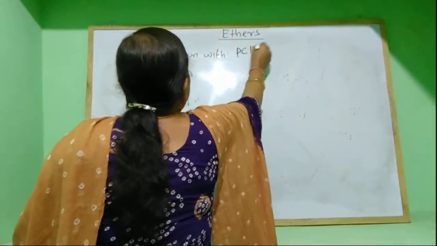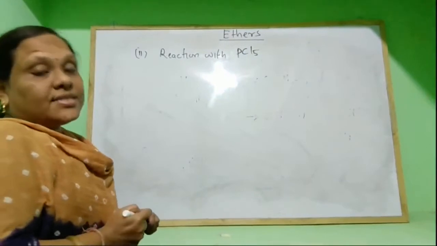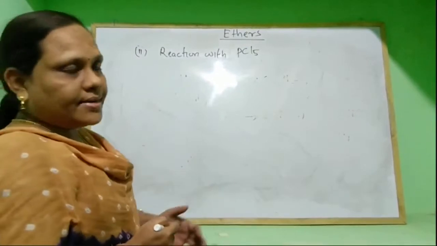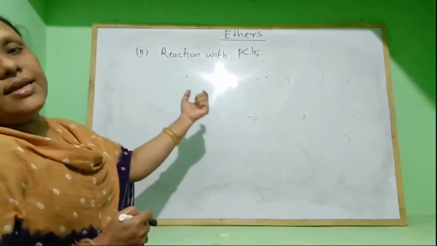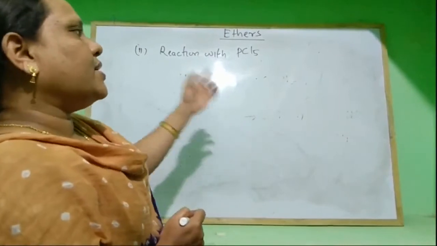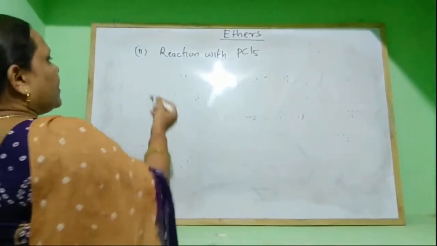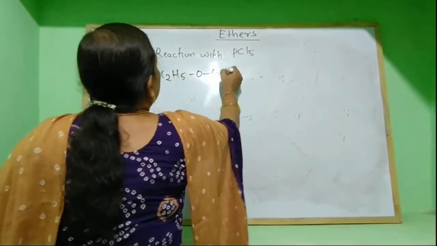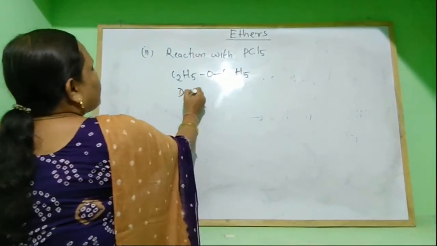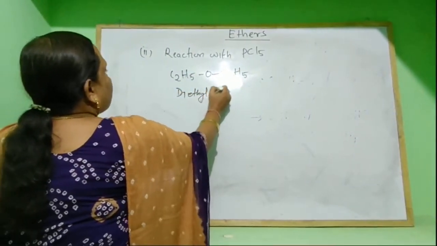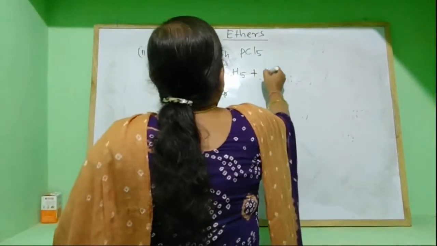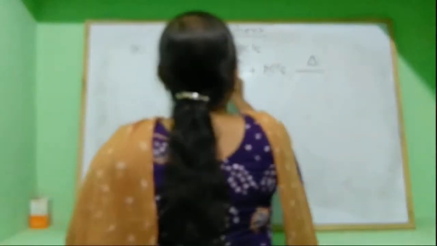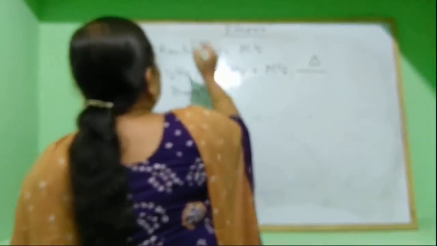Reaction with PCl5. When ethers are heated with phosphorus pentachloride, they form alkyl chloride. If we take diethyl ether, then it forms ethyl chloride and the side product phosphoryl chloride. Diethyl ether plus PCl5, when heated, gives bond breaking here and here.